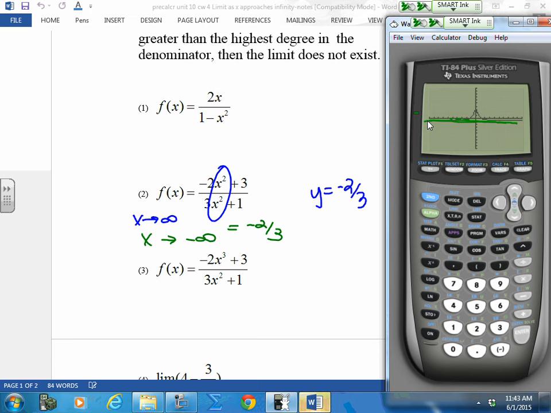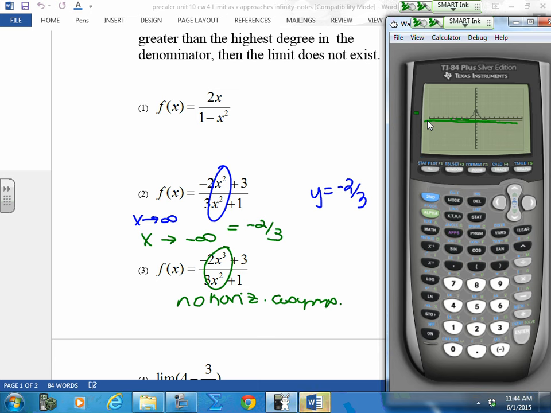We also had another one. When the degree in the numerator is larger than the denominator, we had no horizontal asymptote. Do you remember what we used to look for when the degree in the numerator was 1 more than the degree in the denominator? What other kind of asymptote we used to look for? Slant. We looked for a slant. Remember?